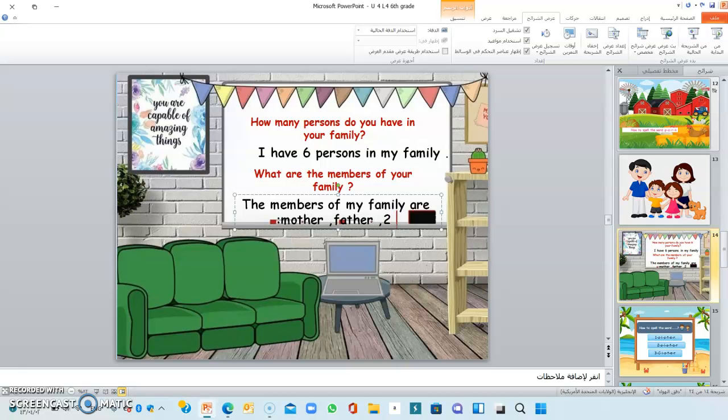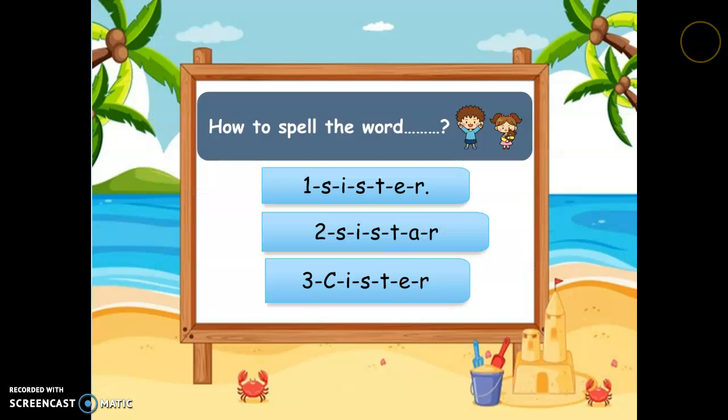Let me say 2 brothers and 4 sisters. Okay? For example, okay, girls? So, what are the members of your family? The members of my family are a mother, a father, 2 brothers, and 4 sisters. Okay? Let me complete my own lesson, girls.